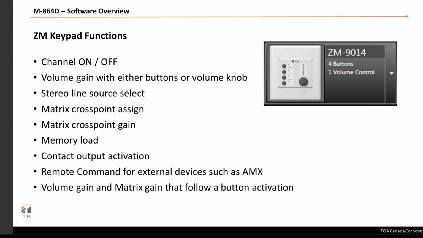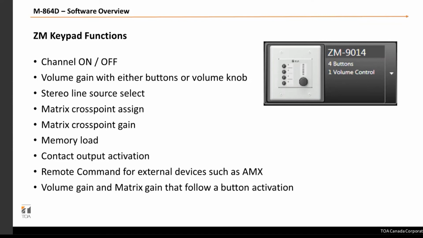So you can be selecting channel on and off. Obviously, you can control the volume. You can select different sources, be it mono or stereo line. You can control a cross point as well. You can load up a complete scene also from one of the assignable buttons.